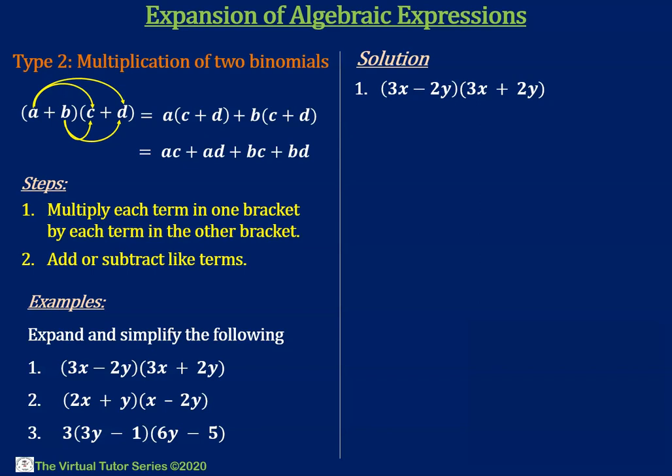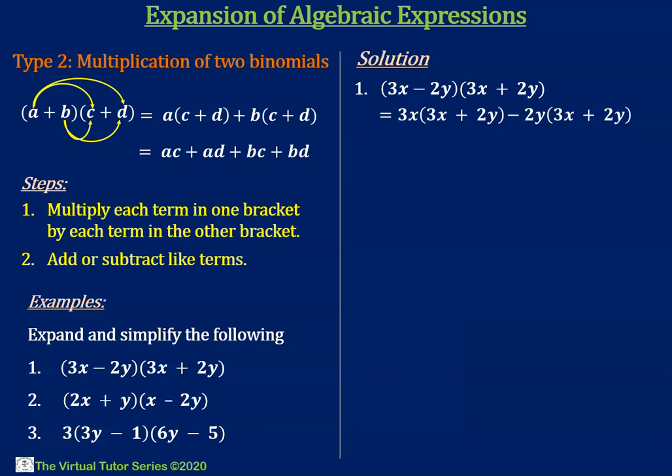The first step is to multiply each of the terms in the first bracket by each of the terms in the second bracket. So we have 3x(3x + 2y) - 2y(3x + 2y). Now, let's remove the brackets.